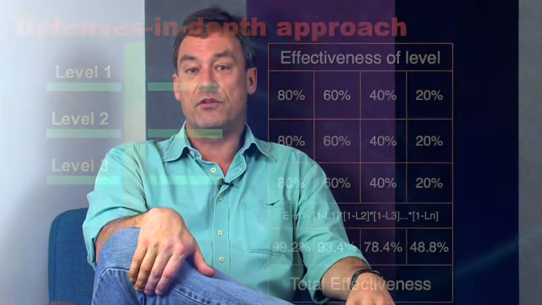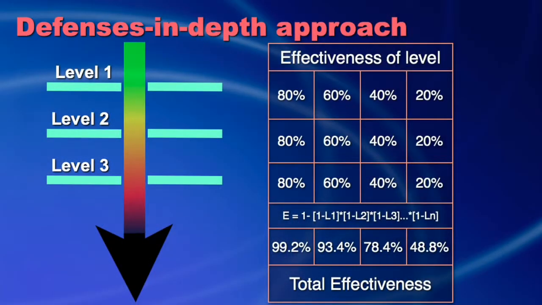What we've done in this demonstration is to manipulate the level of effectiveness of each of the controls, and we've tried to look at the overall effectiveness of each of the systems, having systematically varied the effectiveness of each of those controls. So if we take the column on the left, we have 3 controls, each of which are 80% effective.